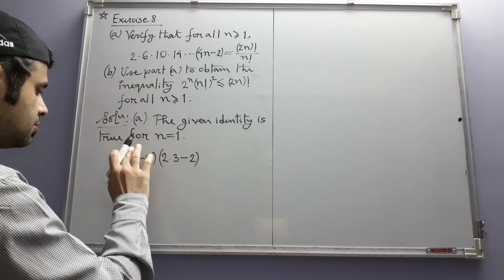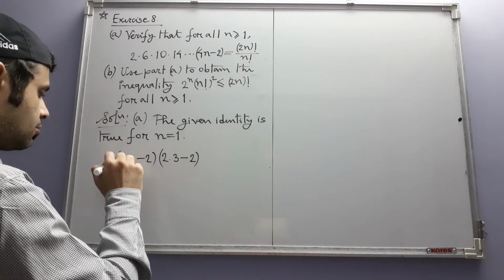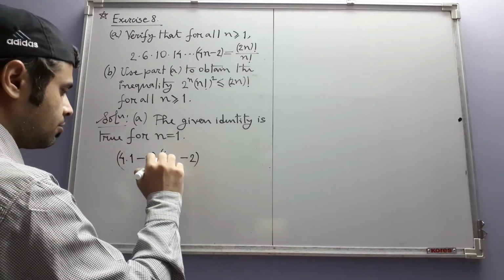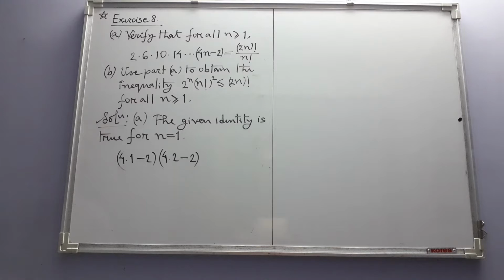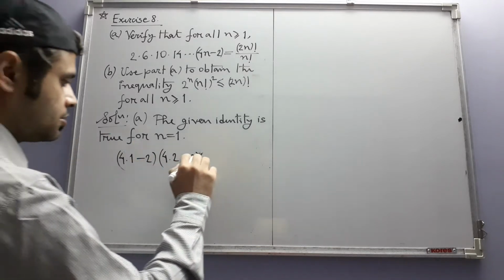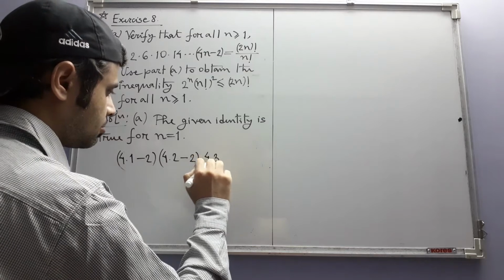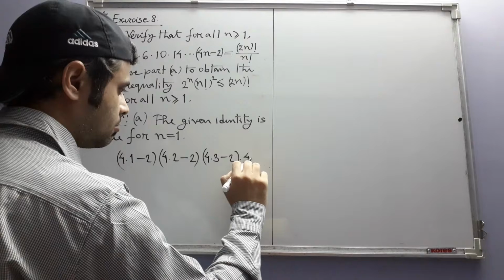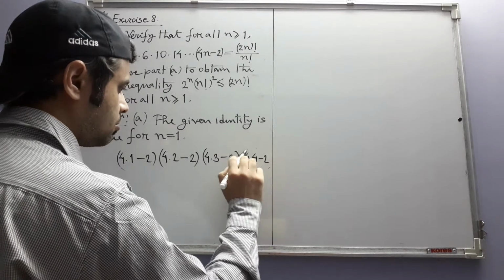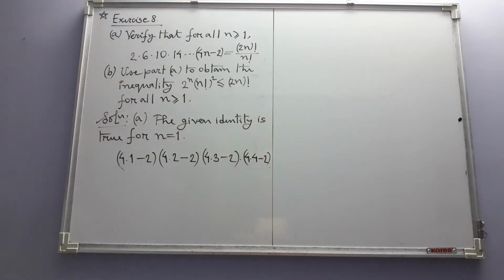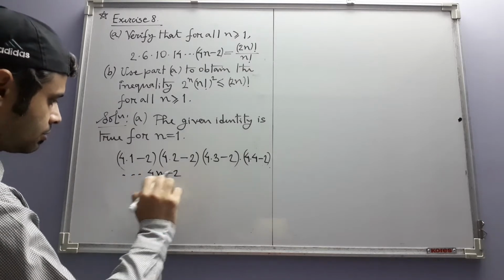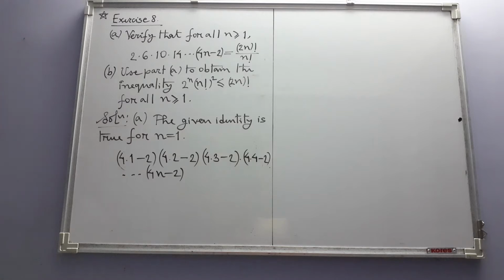Sorry about this. 4 times 1 minus 2 is 2, 4 times 2, 8 minus 2 is 6, 12 minus 2 is 10, 16 minus 2 is 14, and so on. Like that we are going up to 4n minus 2.